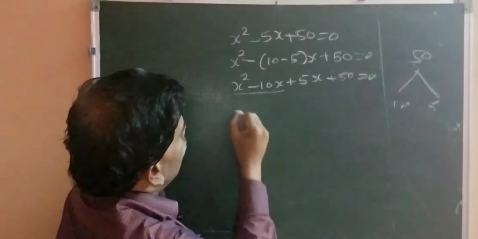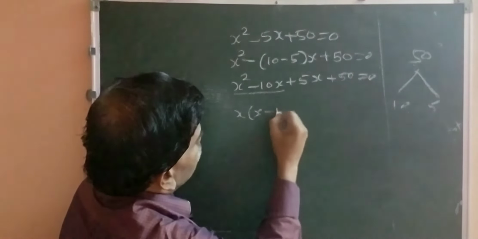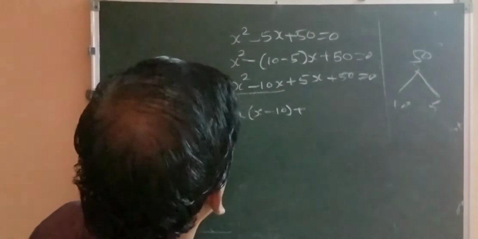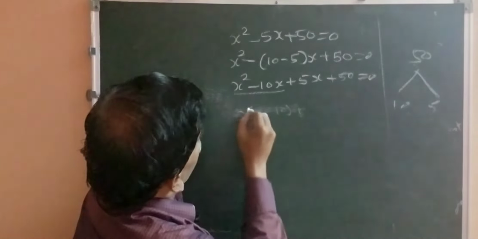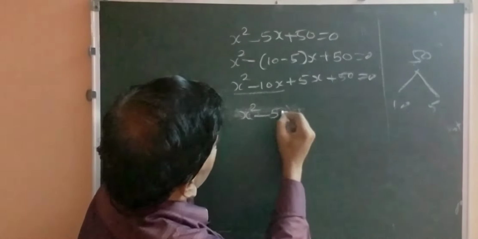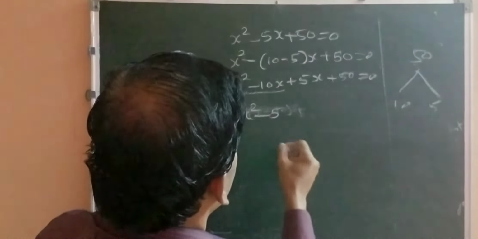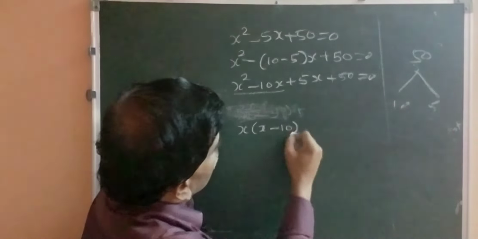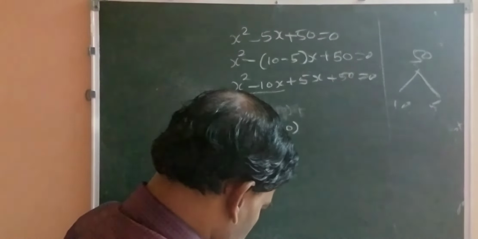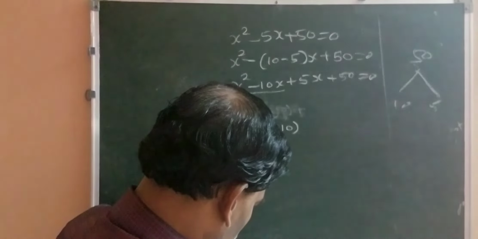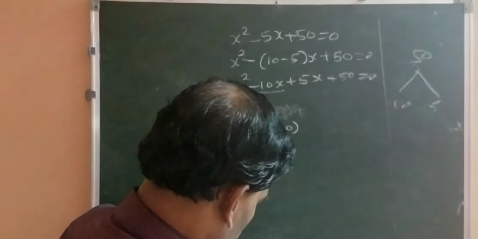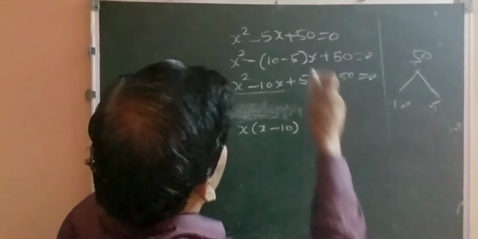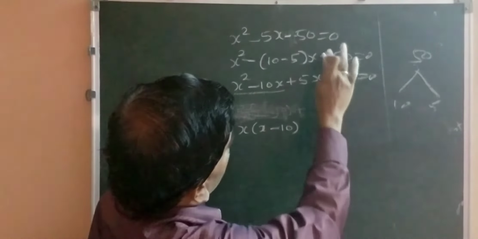So what is common here? x into x minus 10, plus 5 into x minus 10. Sorry, so many mistakes.